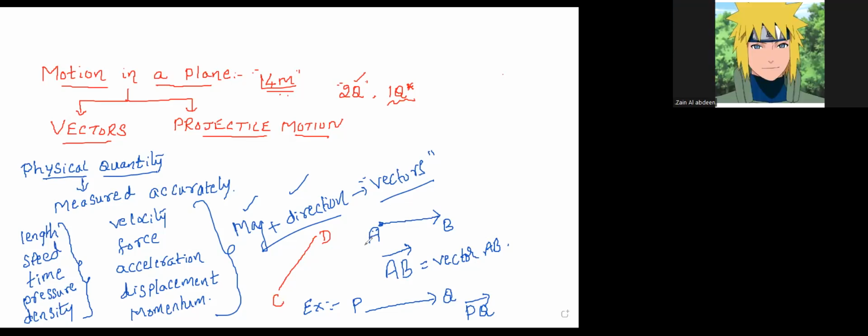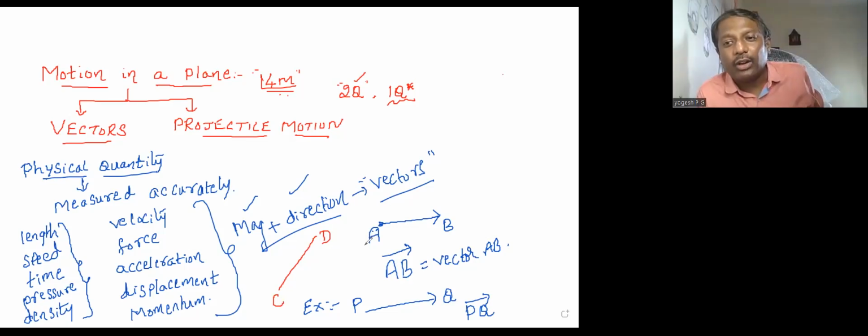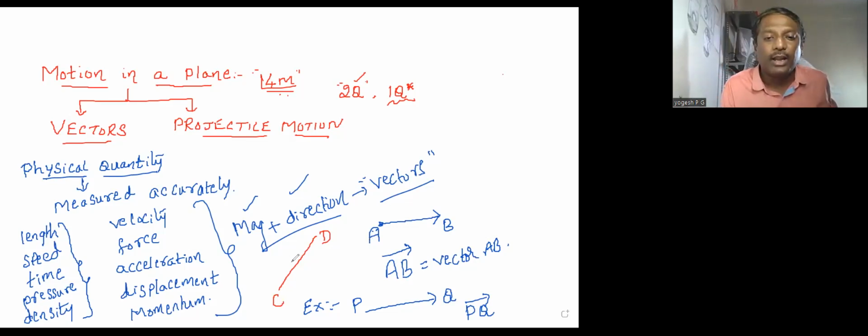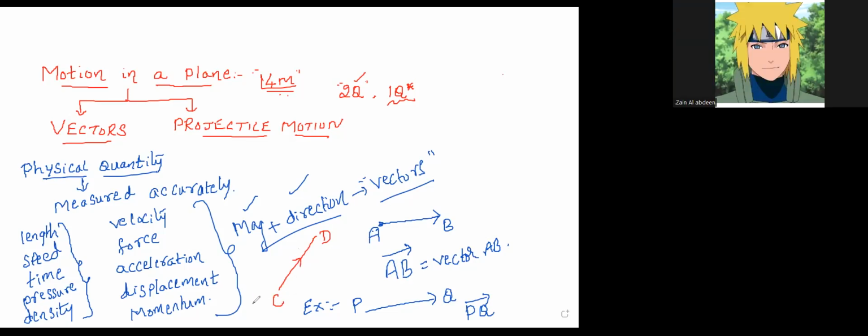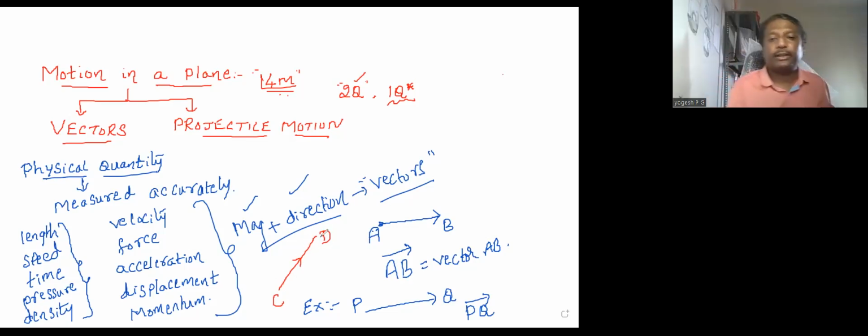Sir, the arrow mark is not given, sir. Yeah, that is required. Here we cannot tell which is the initial and which is the final because I have not mentioned the arrow mark. So if I mention the arrow mark like this, then C represents the initial point, then D represents the final point.